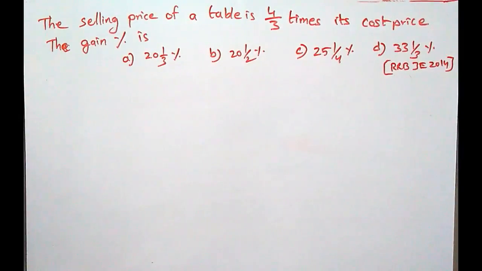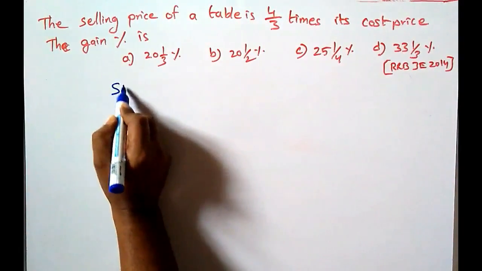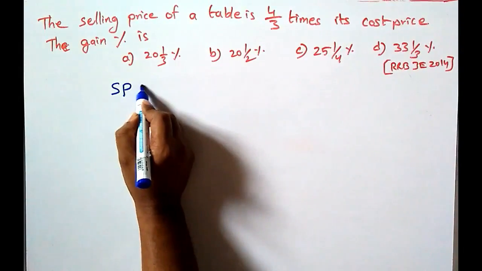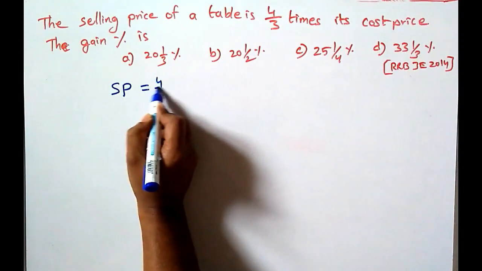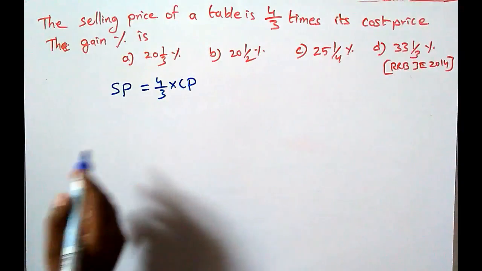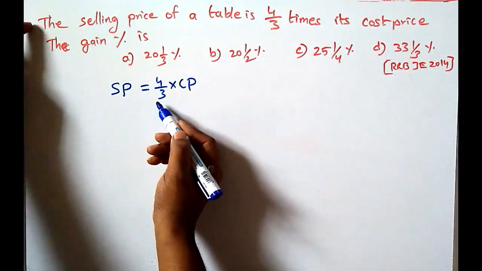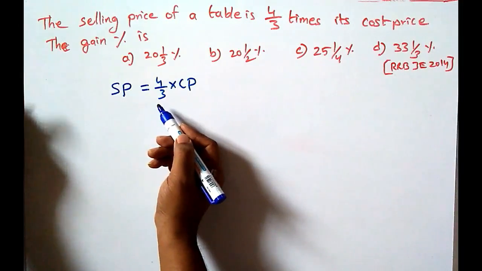The selling price of a table is 4 by 3 times its cost price. Then we have to find the gain percentage. See, friends, here according to the question, the selling price of a table is 4 by 3 times the cost price. You have to learn this kind of conversion of the statement to the equation, friends.